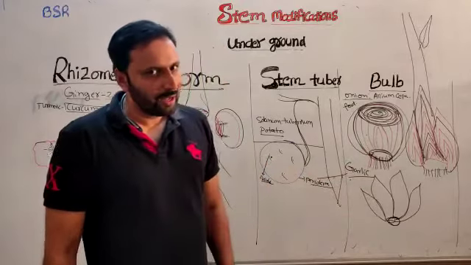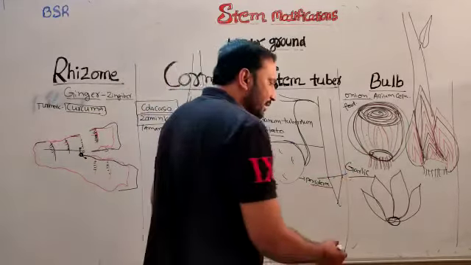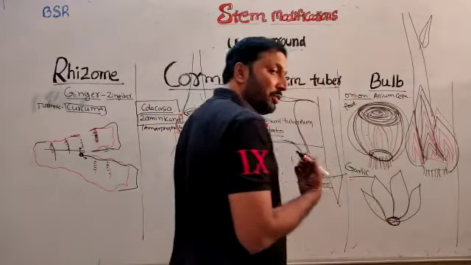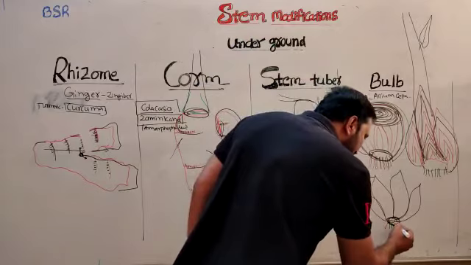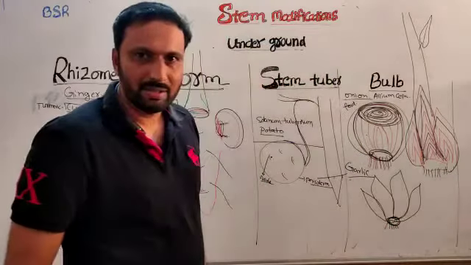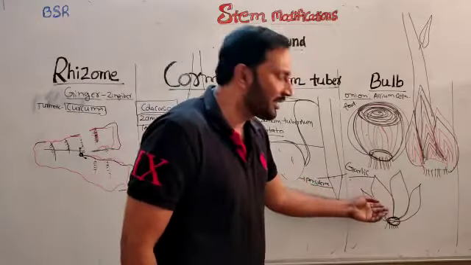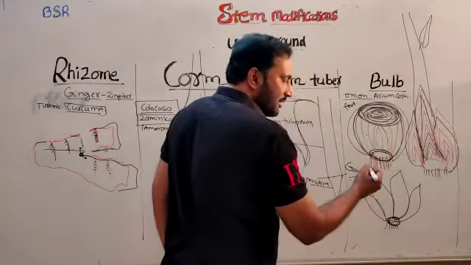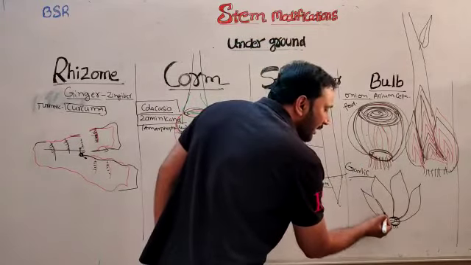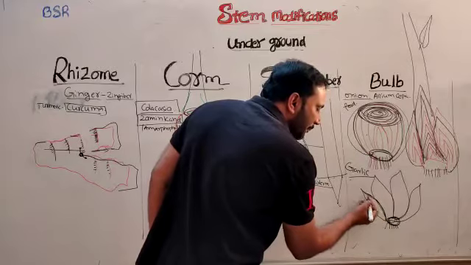Whereas another example, garlic, Allium sativum. In garlic, the stem is reduced into a disc-like structure. Below the disc-like structure, special adventitious roots are present. Above the disc-like stem, scale leaves are present. Each scale leaf is fleshy.